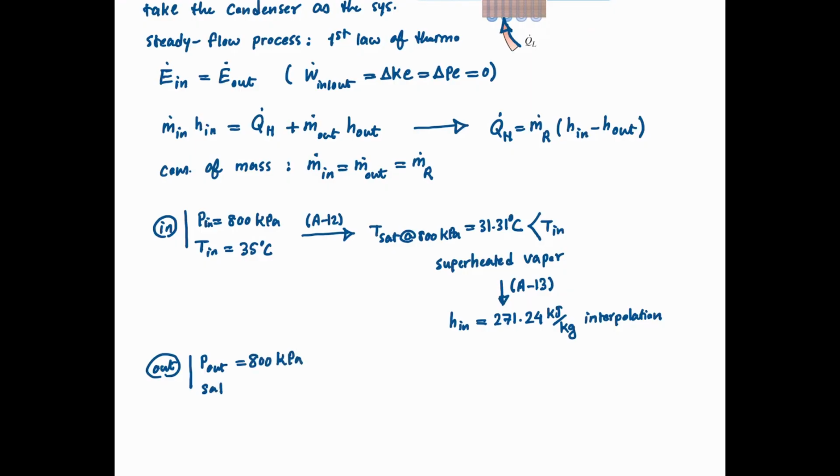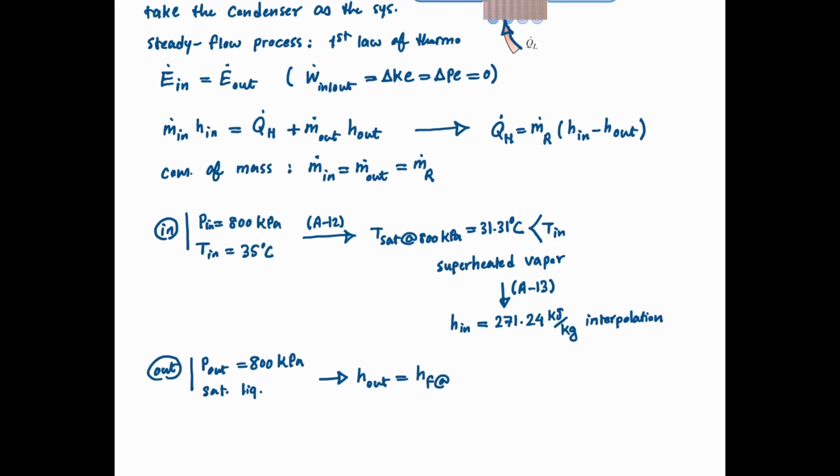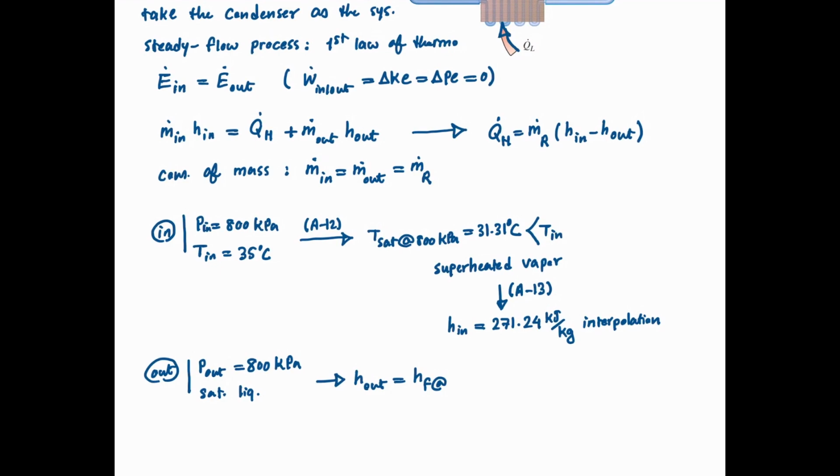So h out is equal to hf at given pressure, 800 kilopascal. Table A12, pressure table. It is going to be equal to 95.48 kilojoule per kilogram. So I have both these two numbers.